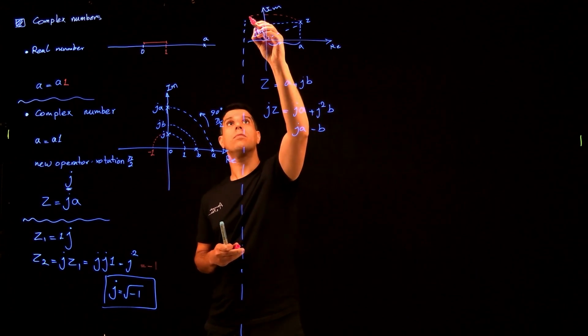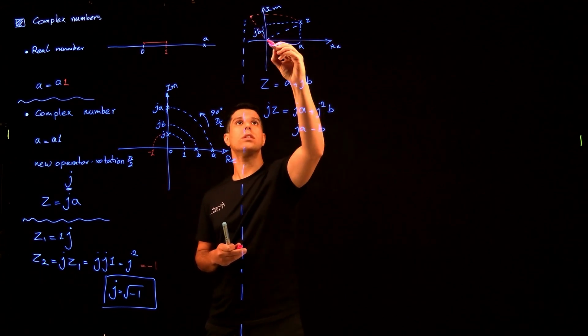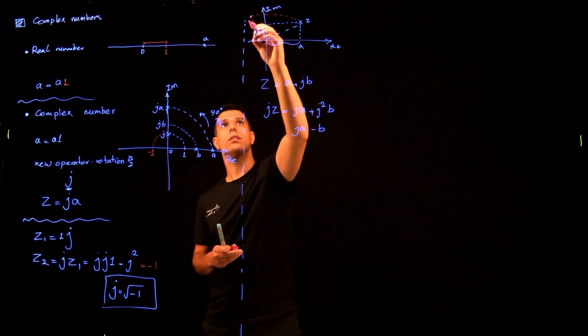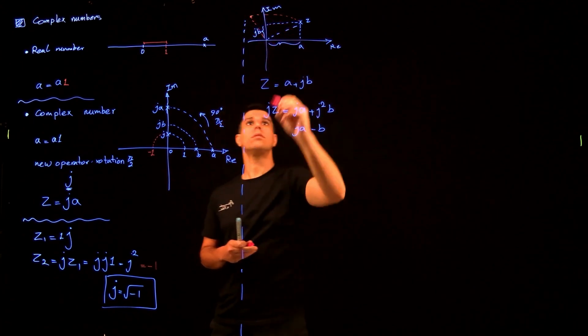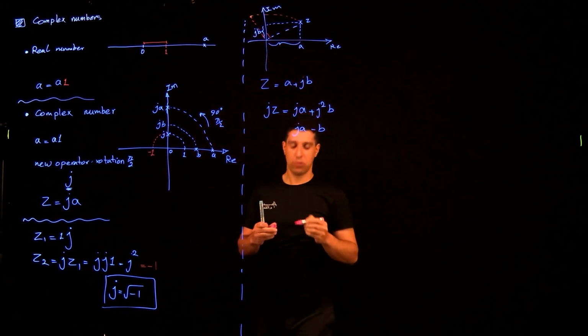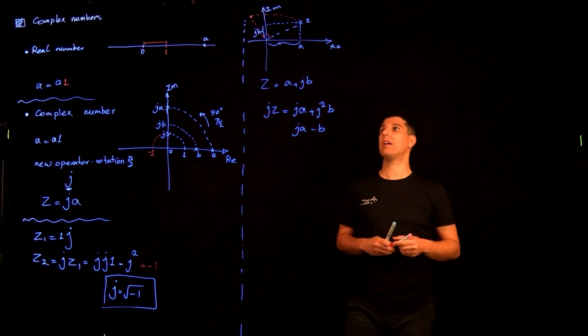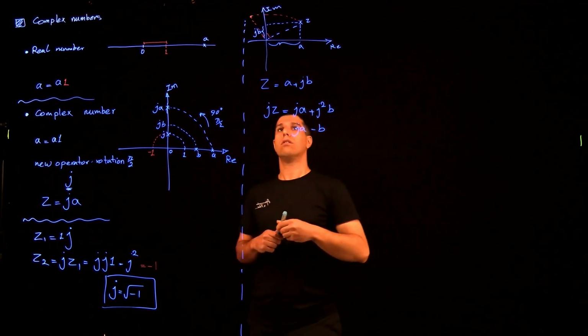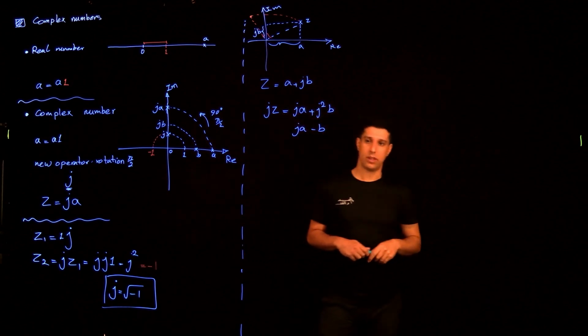I'm at the end of my board, so this distance should be equal to that distance. You see, if you multiply J by any number, you essentially rotate it 90 degrees.